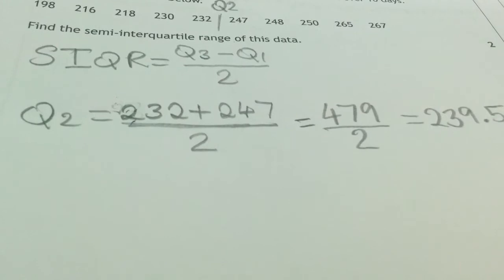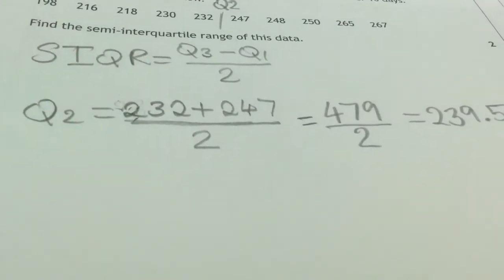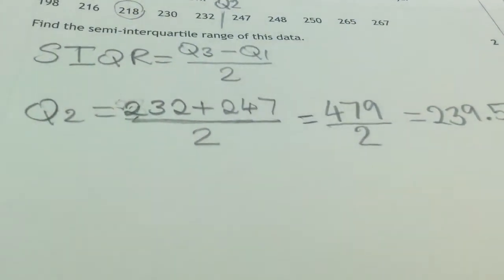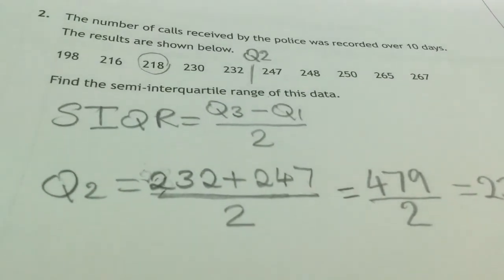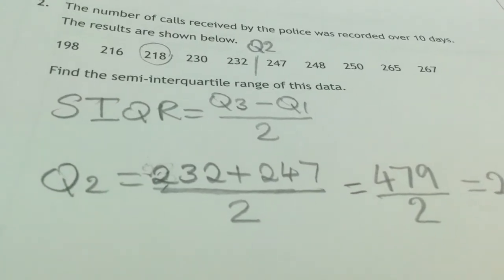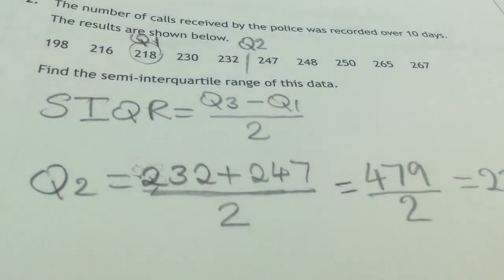We've got 5 values, with two values on either side, so we know quartile 1, or the lower quartile, is 218. That should be marked up there.